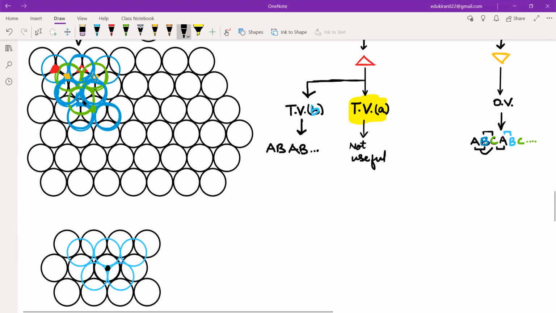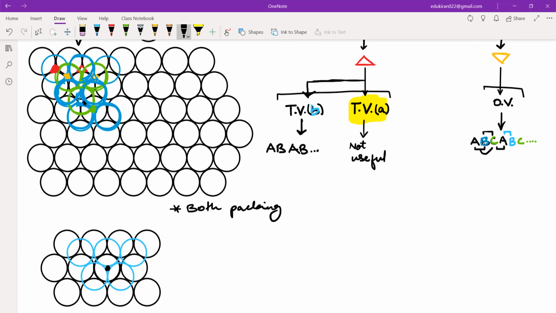You can see that there are two tetrahedral voids and there is one octahedral void, right? So in both packings, there are double the tetrahedral voids than octahedral voids.